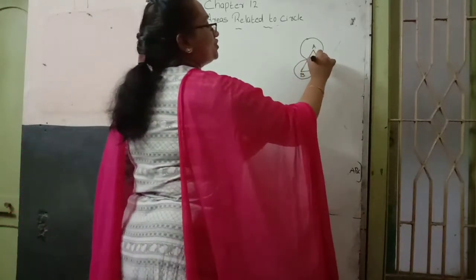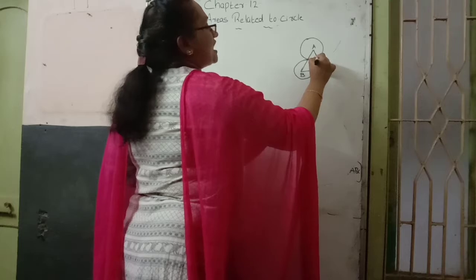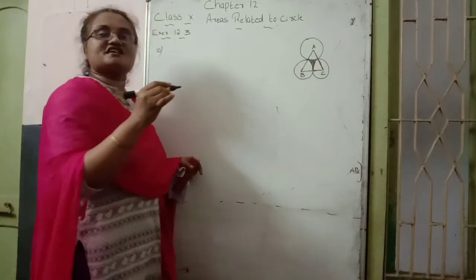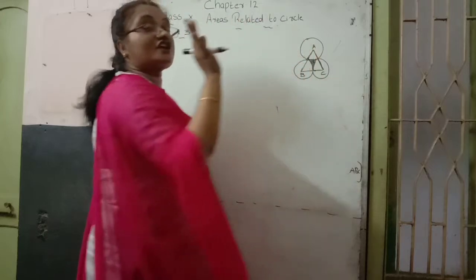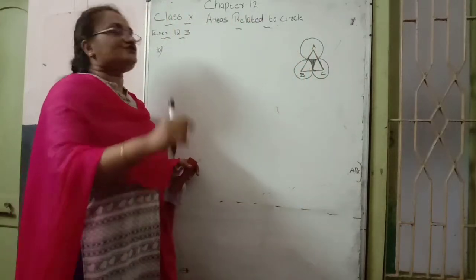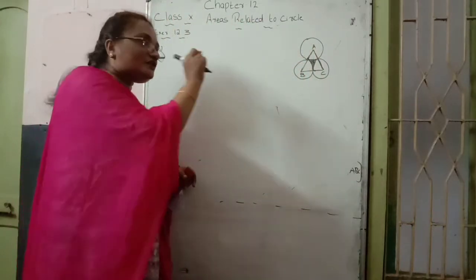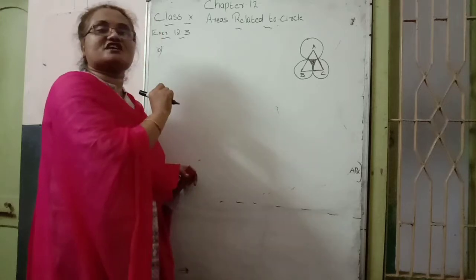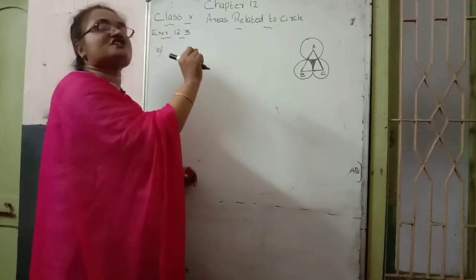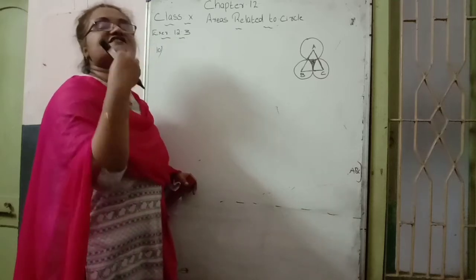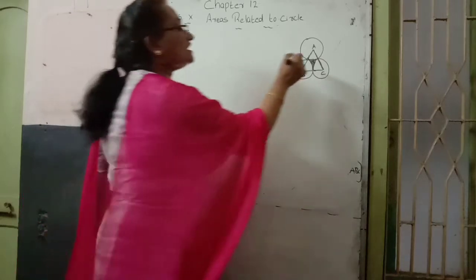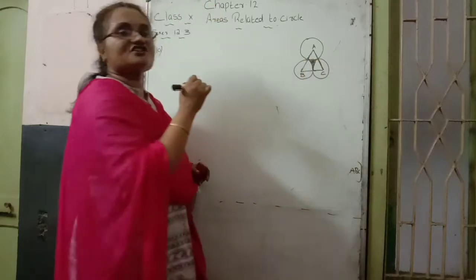Here also, two radii and an arc form a sector. How many such sectors are there? 3 sectors. So the area of the small shaded portion is the area of the equilateral triangle subtracted by the area of 3 sectors. By subtracting, we get this portion's area.